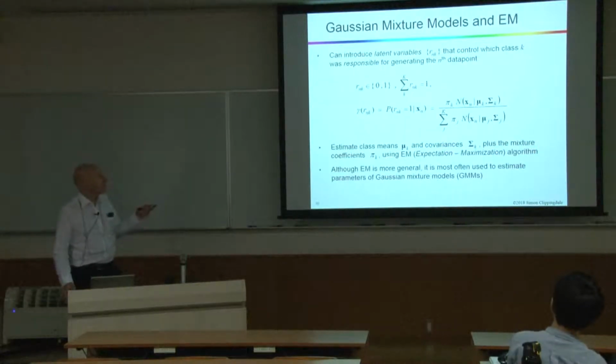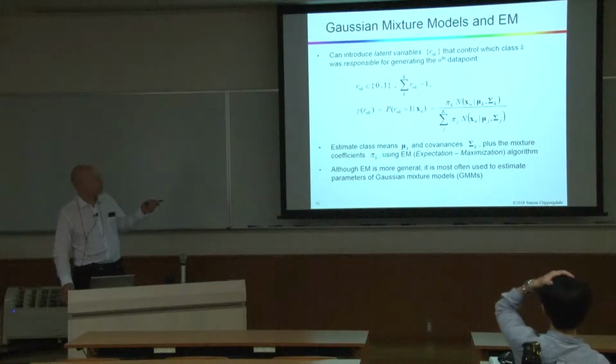So much like the k-means clustering algorithm, we estimate the class means mu k and the covariances, and we also now need to estimate these mixture coefficients as well, using a thing called the expectation maximization algorithm.